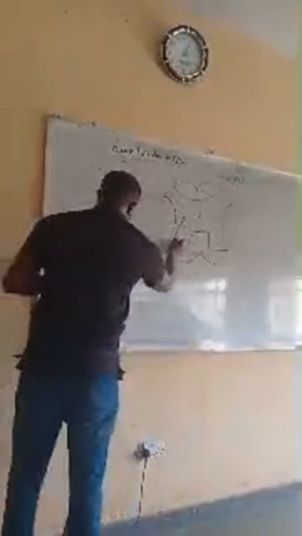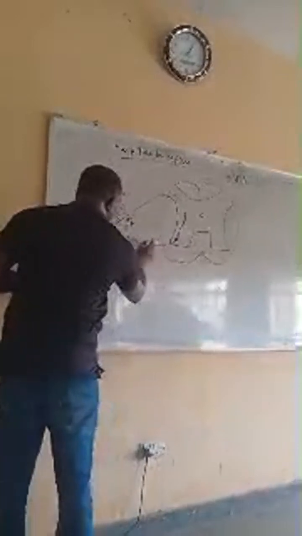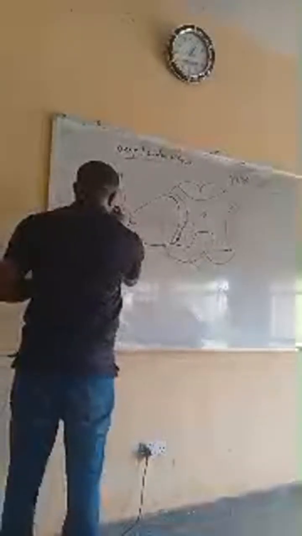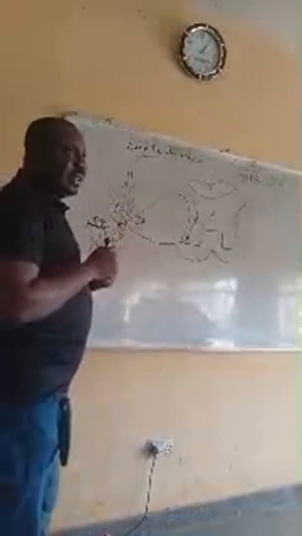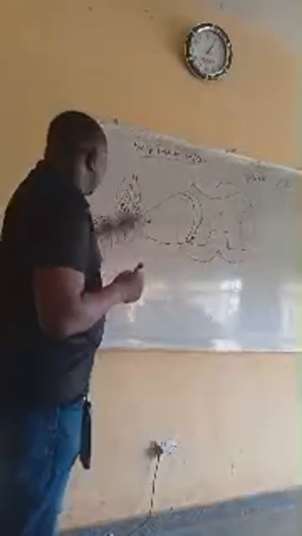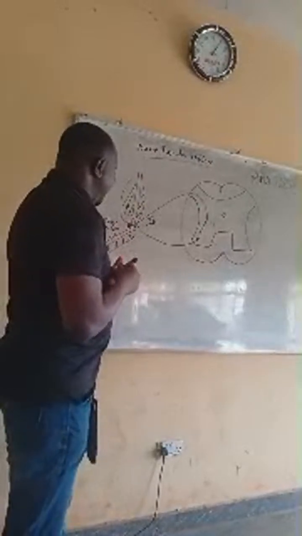This is the alpha motor neuron. It will stimulate the alpha motor neuron, which will send an impulse, sending a fiber to the muscle. And what will it do to this muscle? It will inhibit the muscle.